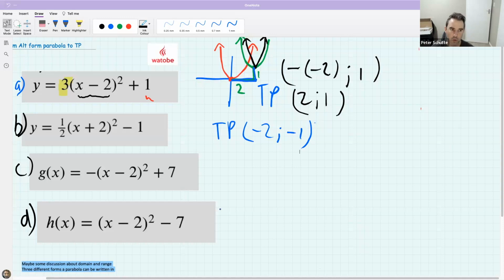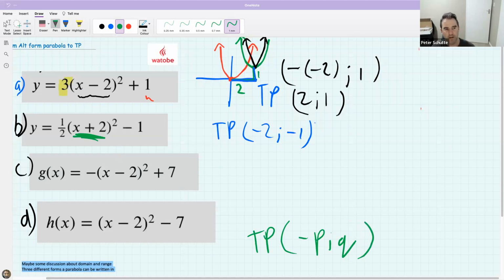So what I'm doing is looking at what is here, and I'm saying the other way of thinking of a turning point, we often say it's -P, Q. And so if we look here, the P is +2, so you go -2, and then whatever Q is, this bit over here. And so for C, my turning point is going to be 2, 7, because again, I go, it's -2, which ends up being 2, 7.